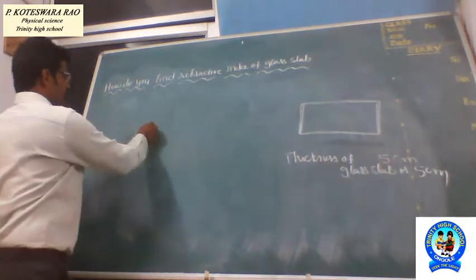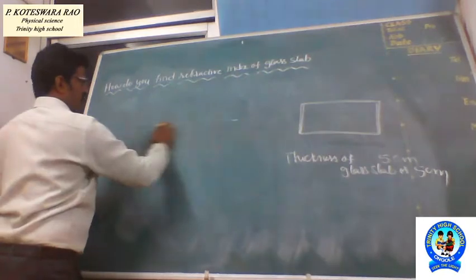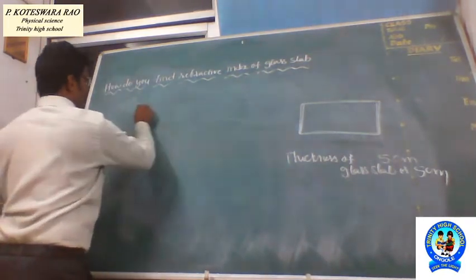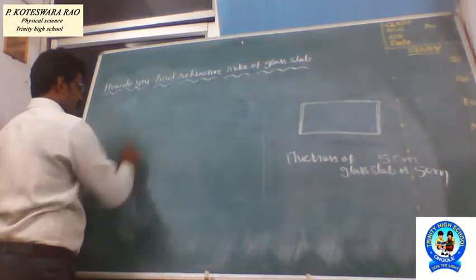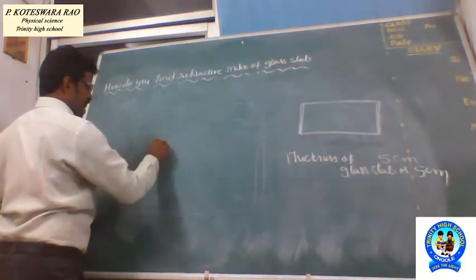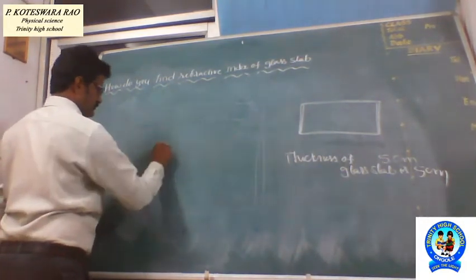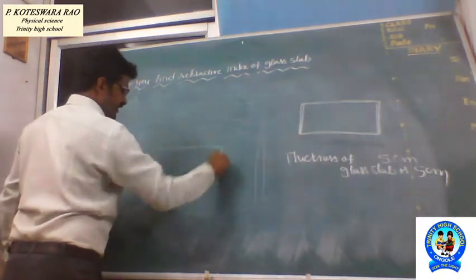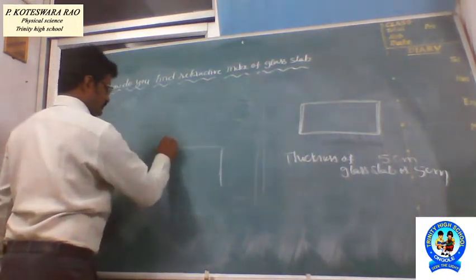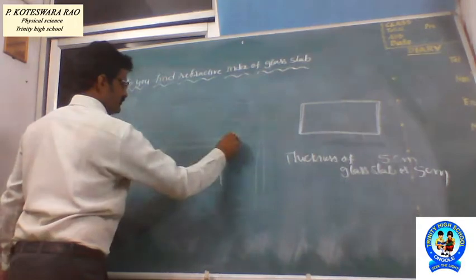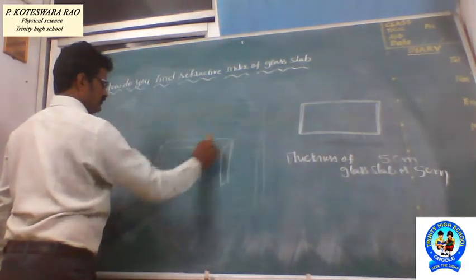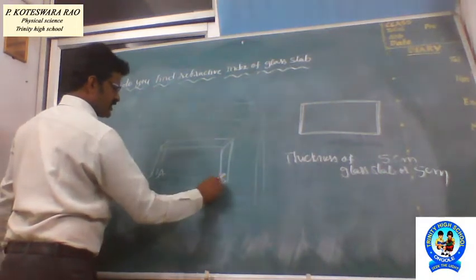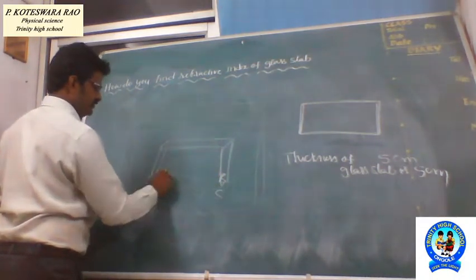Once again, we take one cardboard and fix one white chart, and here we draw the outer edges of the glass slab and mark them A, B, C, D.